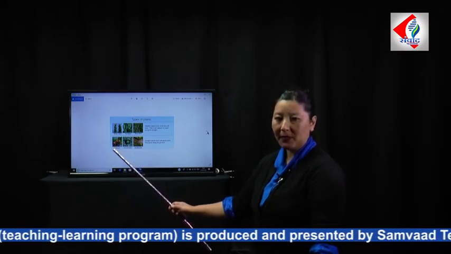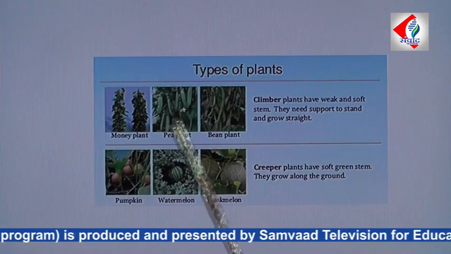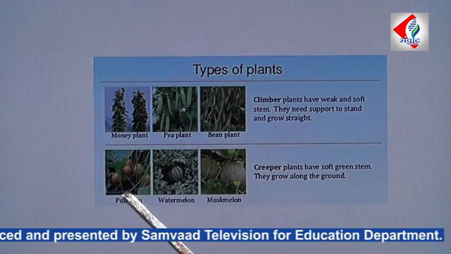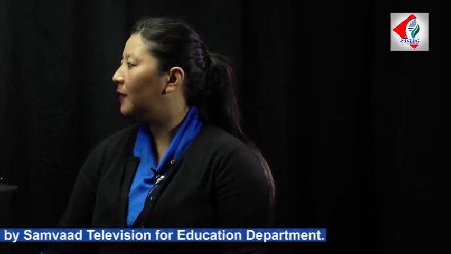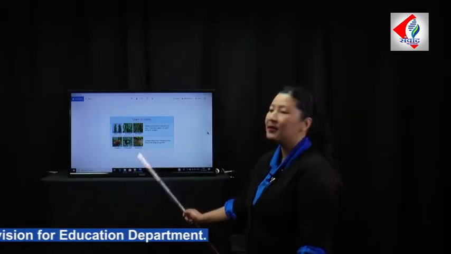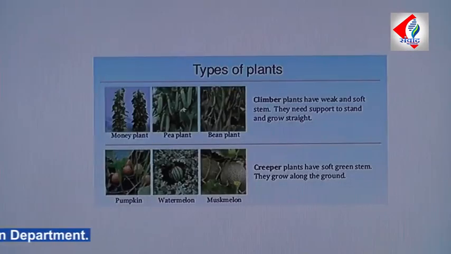You know what a pumpkin is? Yes, the local name of pumpkin is parshi. Have you seen a pumpkin? Yes, they creep along the ground. Then another one is a watermelon, and this is a muskmelon. So all these are creepers which grow along the ground.